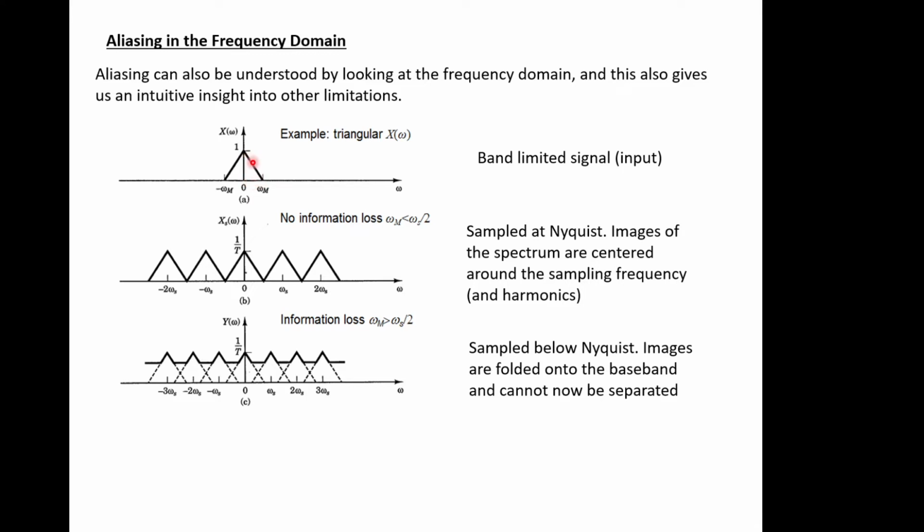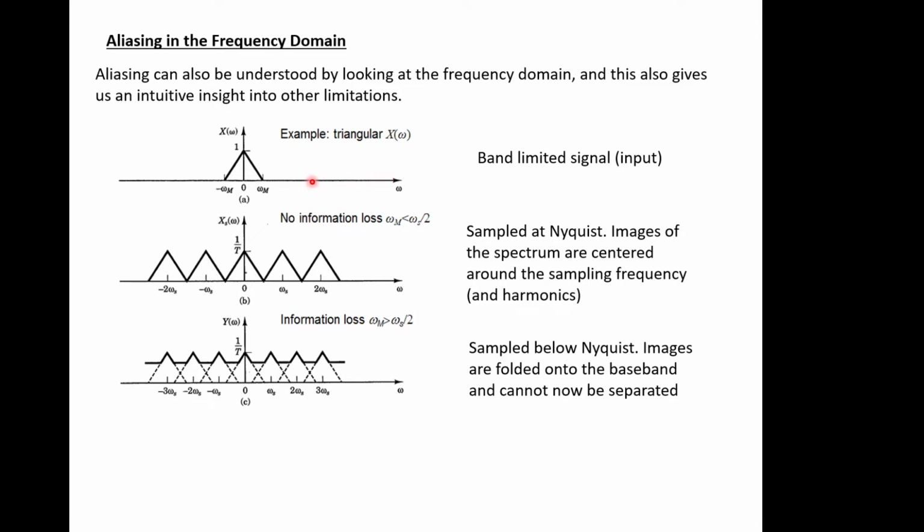So this one is inherently band limited to this point here. So we've got lots of energy at low frequencies, less energy at high frequencies, and then it cuts off. So that's the envelope of our frequency response, and this is frequency increasing. So that's our input signal, the spectrum of our input signal.